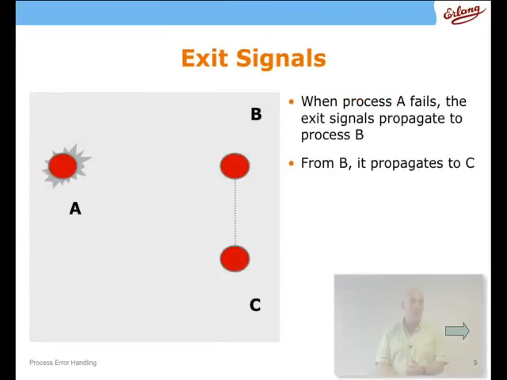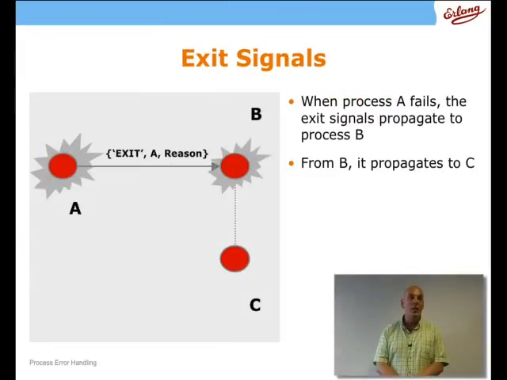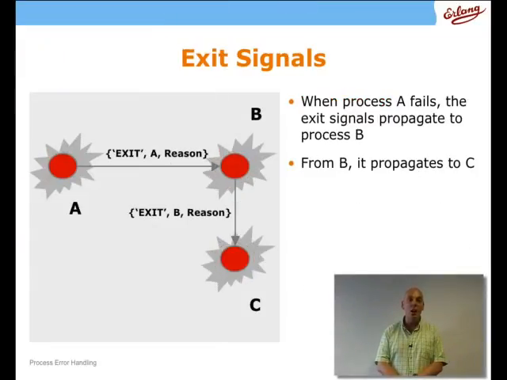But we'll see there are other mechanisms that can halt that behavior. But the picture here shows you that transitive propagation. Termination of process A sends an exit signal to process B, and that in turn terminates B, which sends an exit signal to process C. So all three processes finish up terminating.